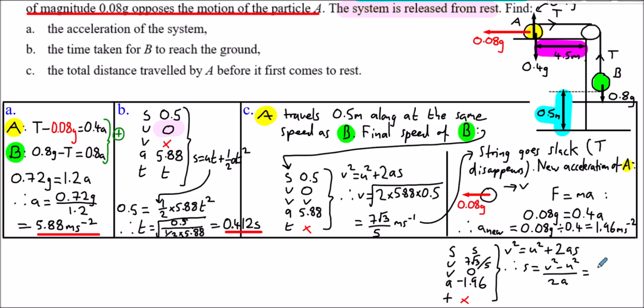So it's going to be minus 7 root 3 over 5 squared, divided by 2a, which is 2 times minus 1.96.